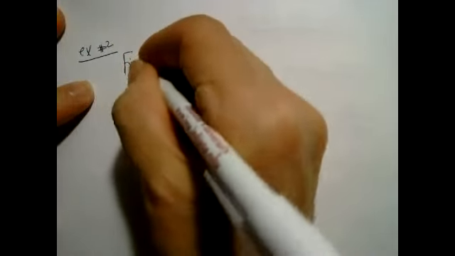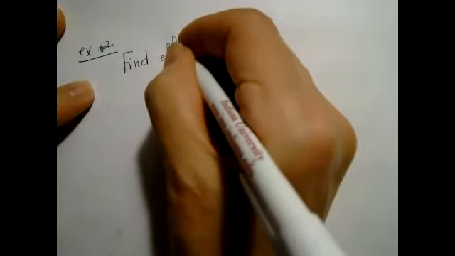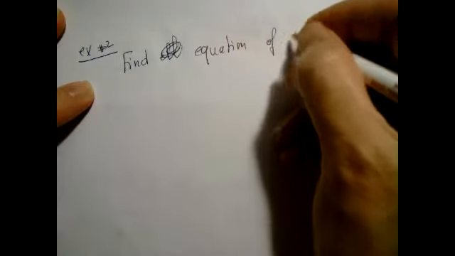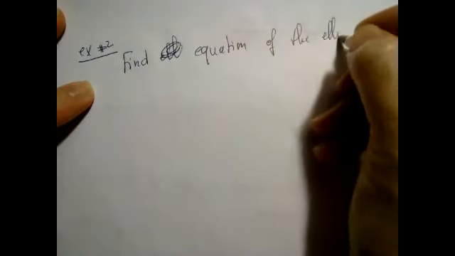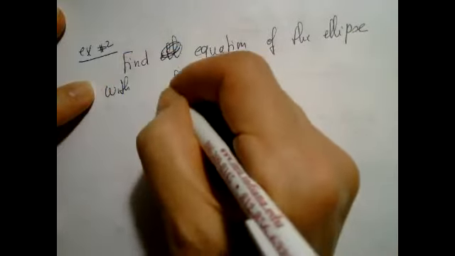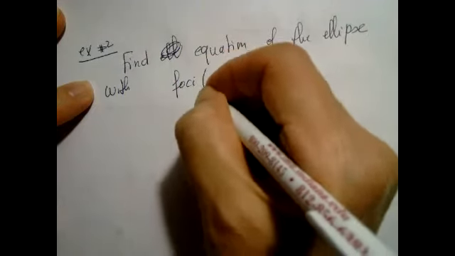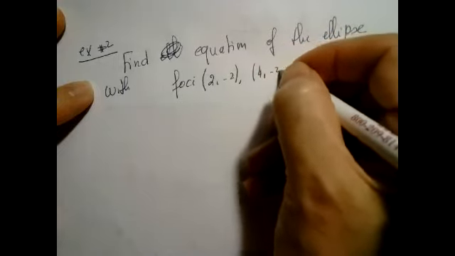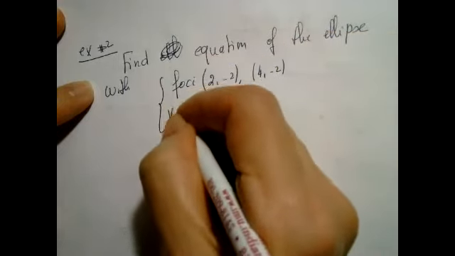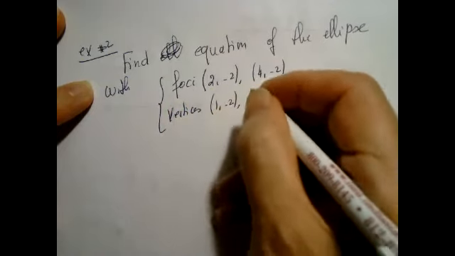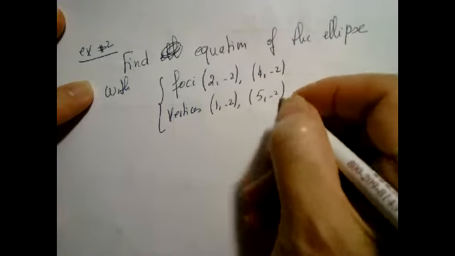Find the equation of the ellipse with foci, I'm going to give you the foci now, (2, -2), (4, -2), and vertices (1, -2) and (5, -2).